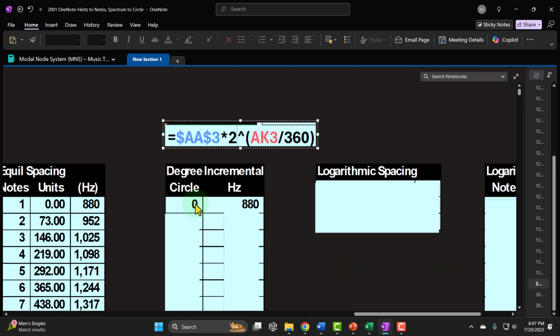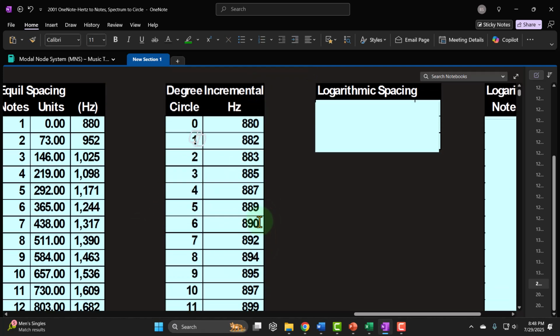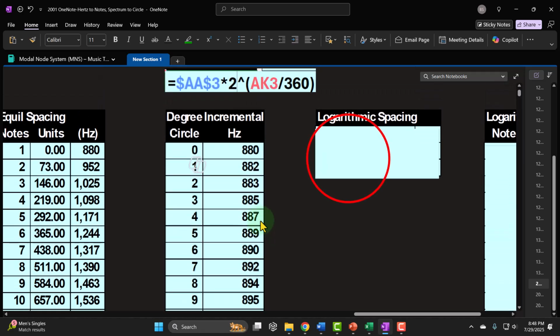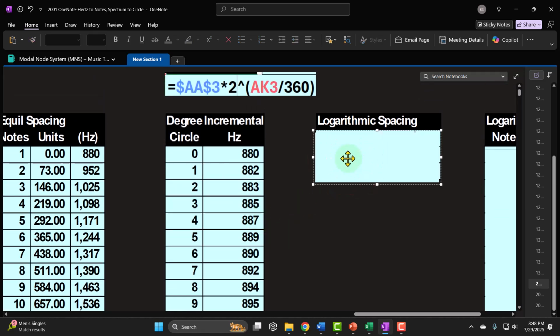We take the starting point of 880 times 2, because it's going to double, and then we take that to the power of each of the units, which we're going to have 360 of them, divided by 360. So that'll force it into a circle if I do that on each of these 360 points. So then we're going to get our hertzes. These are 360 hertzes, which now I can equally space once again because we have a nice 360 units.